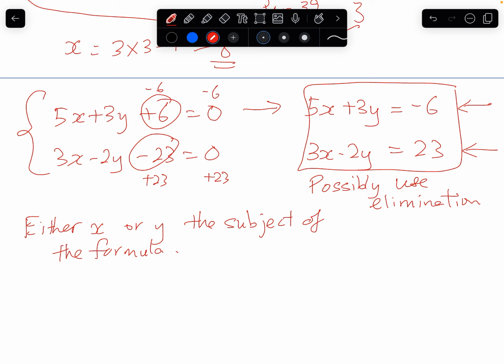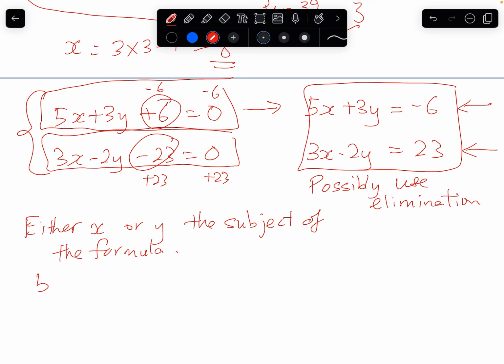It doesn't really matter. I wouldn't have used this because it's still quite complicated. I would suggest using this variation so that it makes x or y the subject of the formula so much easier as well. Either equation works, but for demonstration purposes, I'm just going to show you one.